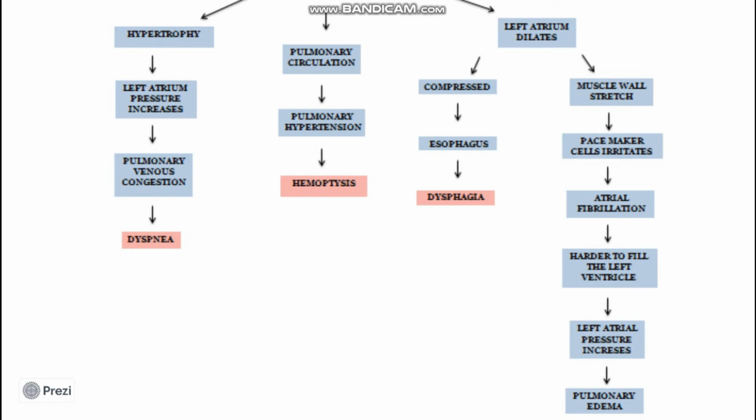As a result of the increased pressure in the left atrium, sometimes the pulmonary circulation increases, which causes pulmonary hypertension, causing hemoptysis. In addition, thinking about the heart in relation to other structures in the chest, if the left atrium dilates and gets really large, it can compress its neighbor, the esophagus, causing the patient to have difficulty in swallowing solid foods, which is also called dysphagia.